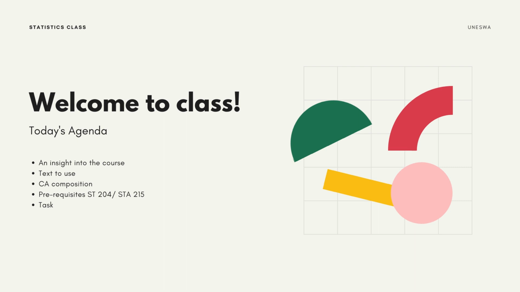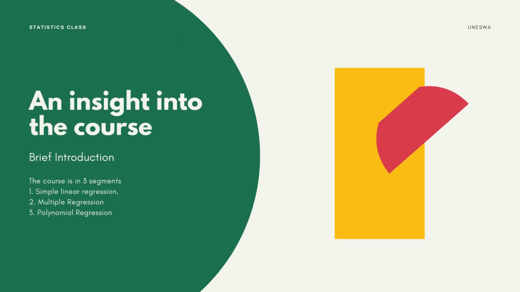Then I also need to let you know the textbooks that we're going to be using. I will also speak on the CA composition, which hasn't changed. Then we will tackle your prerequisite, which I mentioned earlier, the difference between this course and the one that you did in second year. And then we're going to have a task, and straight after that we will be done with today's business.